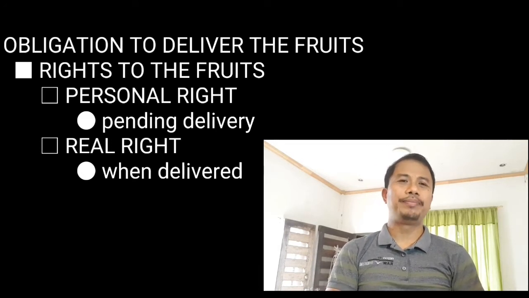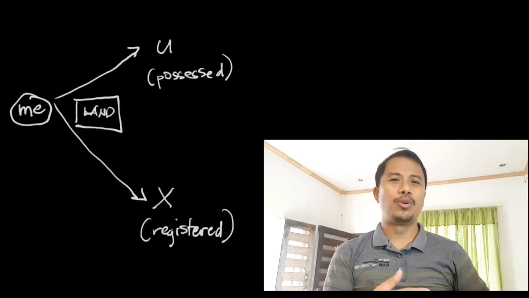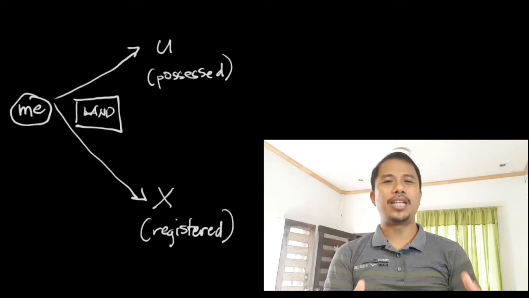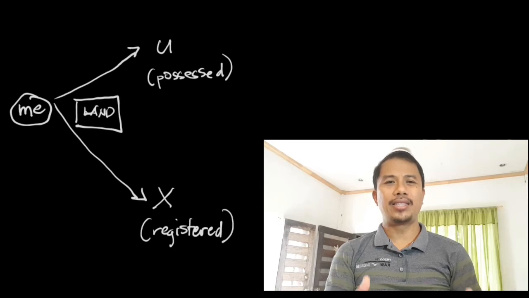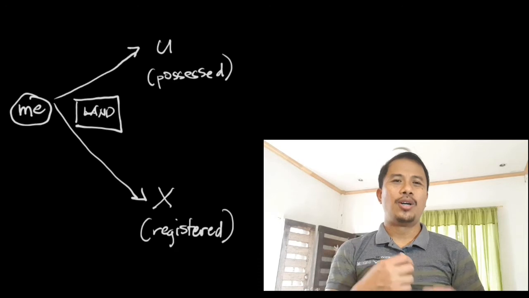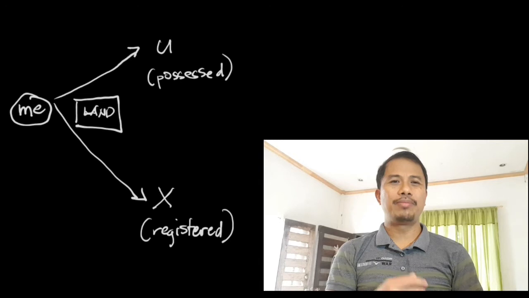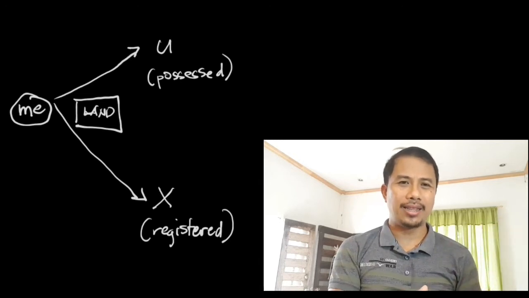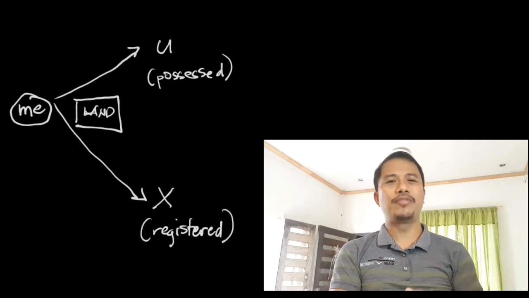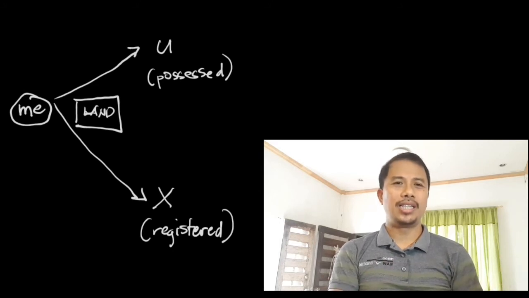So let's say, for example, I'm selling to you the land, and I'm selling the same land to X. I sell you the land and we execute the deed of sale, but I also sell the same land to X, we execute the deed of sale, and X transfers the ownership of the land in the registry of deeds.